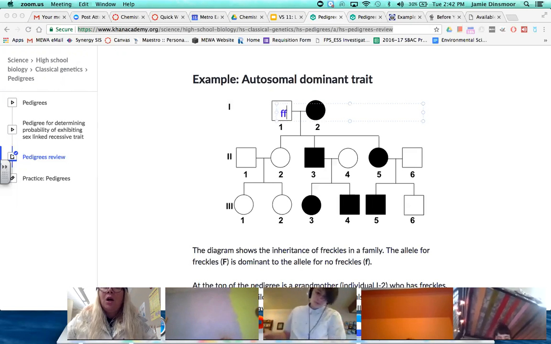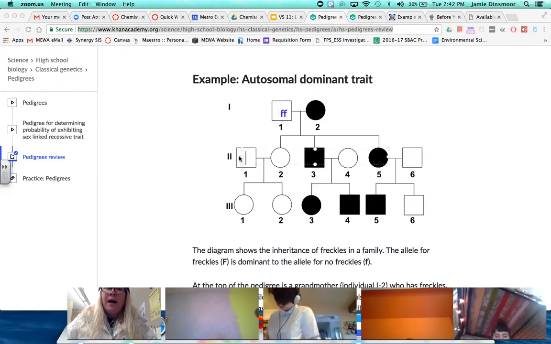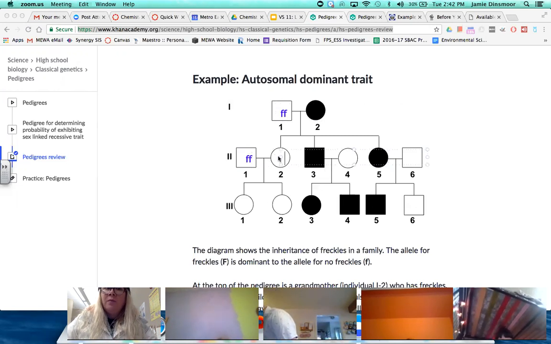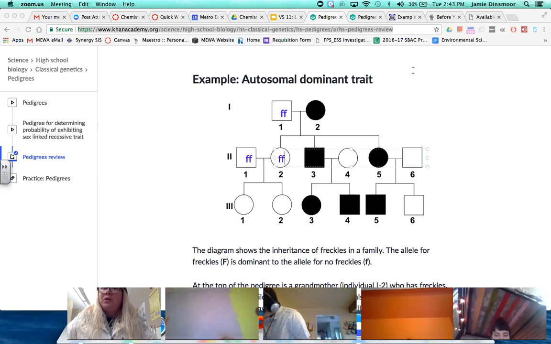Good. So I could go through on every single one of these people and write little f, right? I'm only going to do it on a few because obviously we understand everybody who is white here has little f's. Now, what about the people who have freckles? What genotypes could they have?